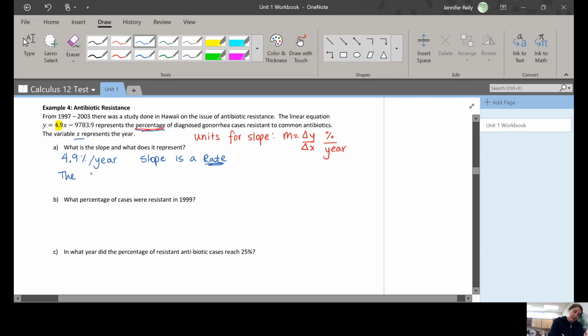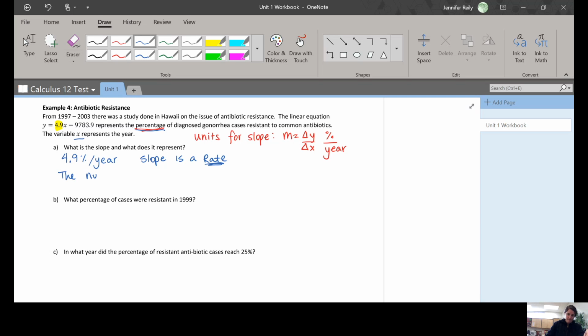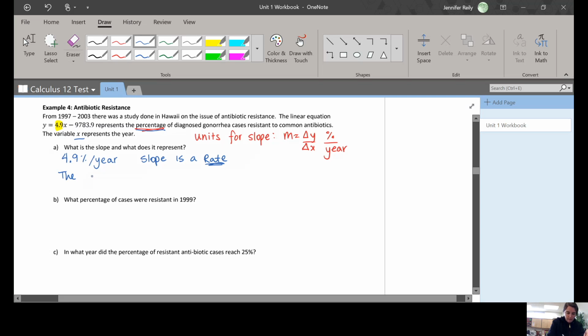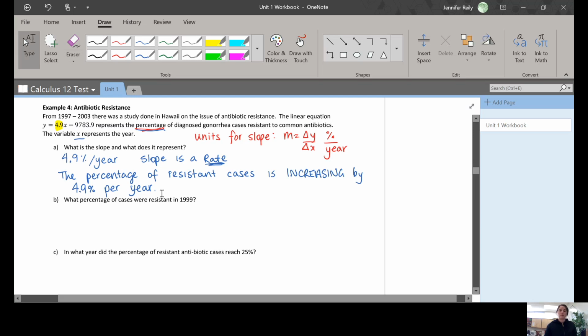So the percentage of resistant cases is increasing, I'm going to write that in capital letters, by 4.9% per year.